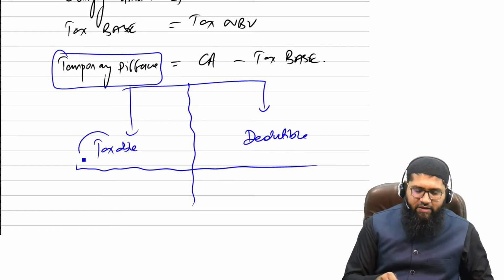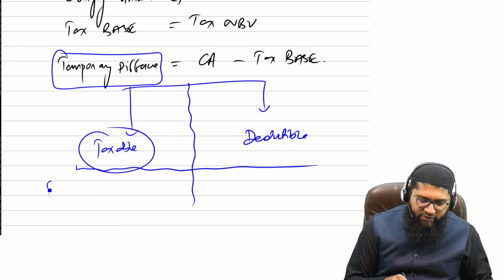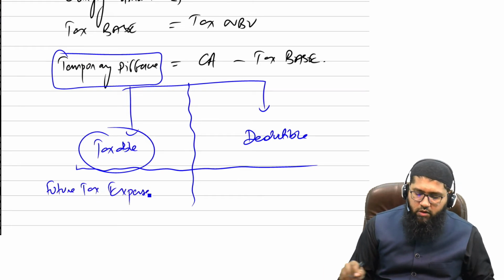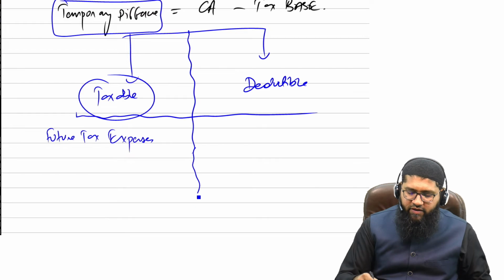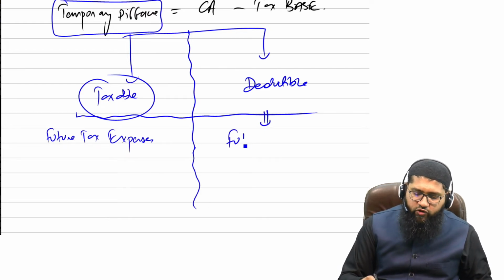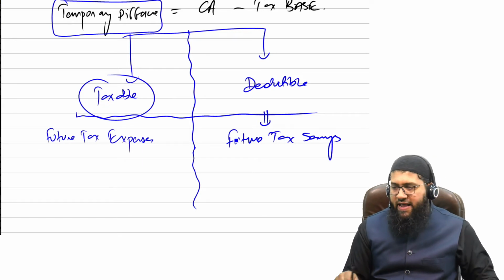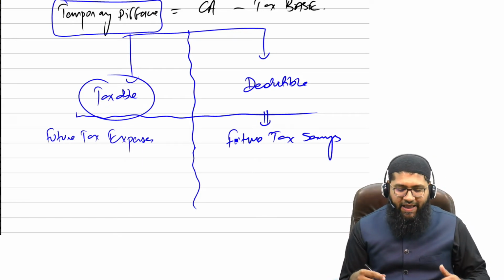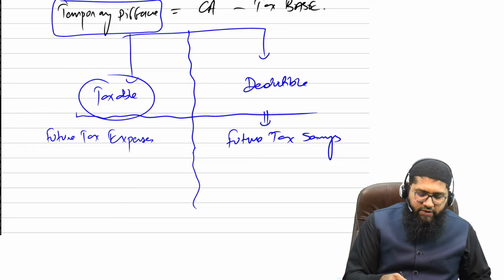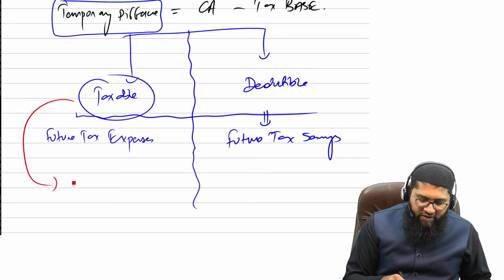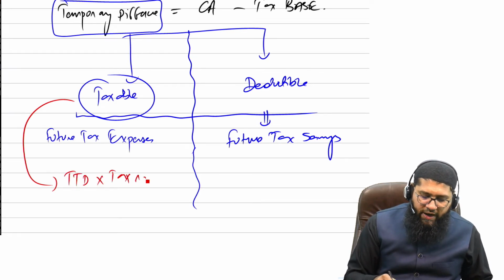When we talk about taxable temporary differences, they would lead to future tax expenses, whereas deductible temporary differences are going to lead to future tax savings. So when I talk about taxable temporary differences multiplied by the tax rate, you end up getting a deferred tax liability.